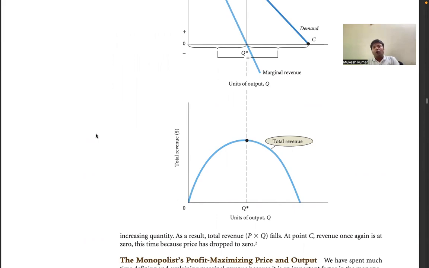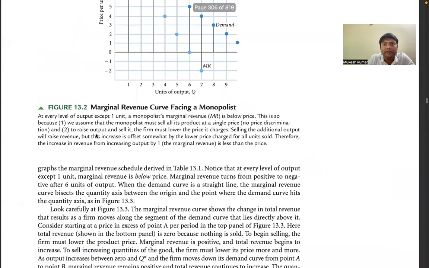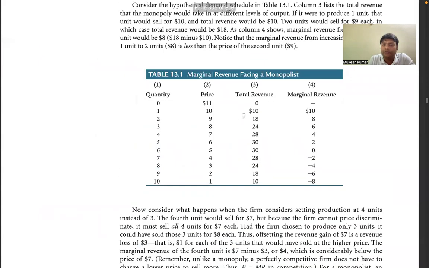This table represents the price, quantity, total revenue, and marginal revenue. We can see that with output increasing, total revenue is increasing, but after some time it starts to decrease. But what would be the profit maximizing output for the monopolist?